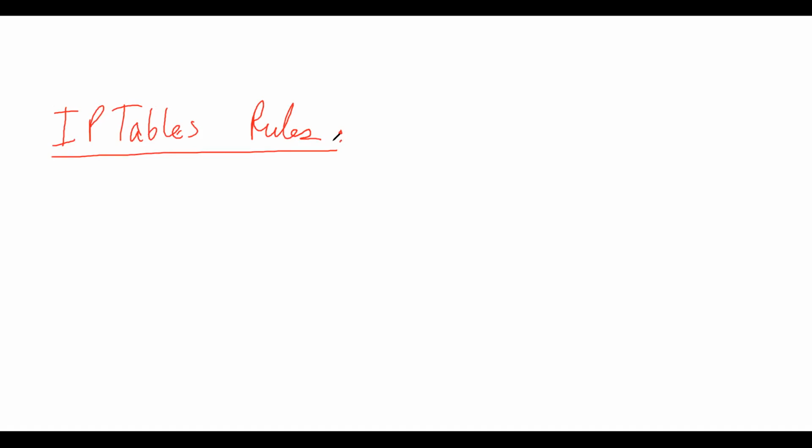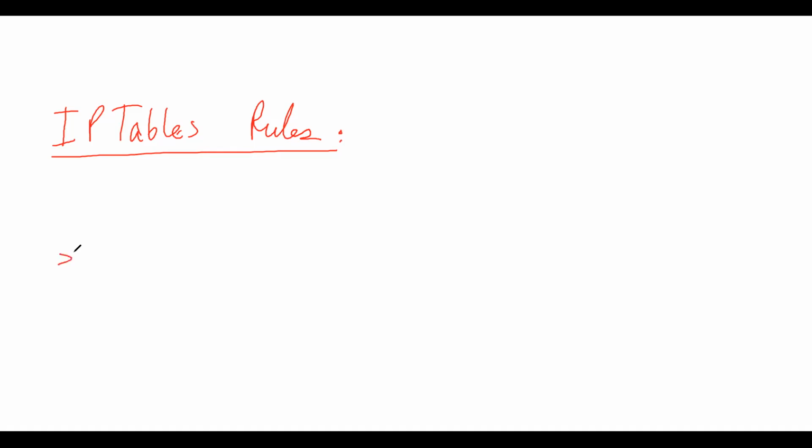If you remember, last week we talked about chains and we talked about some of the commands, and I think we started with a simple command. We said, okay, block an outgoing service such as SSH from a machine, right?